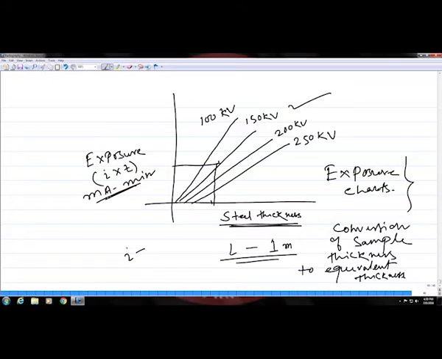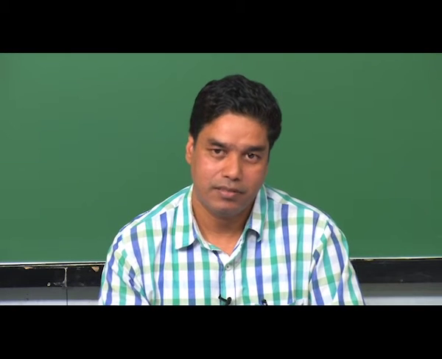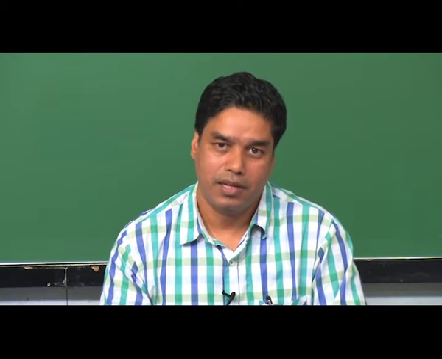I can give you an example for that. Let us say you have a composite plate, or before that, just let me tell you what are the conversion factors for different materials to convert their thickness into an equivalent steel thickness.